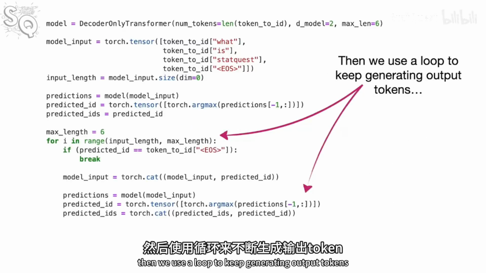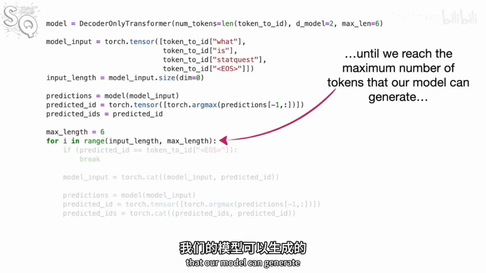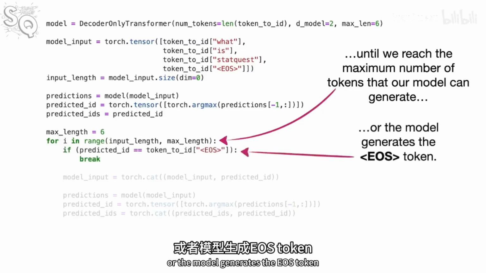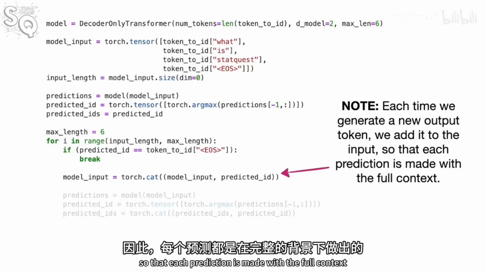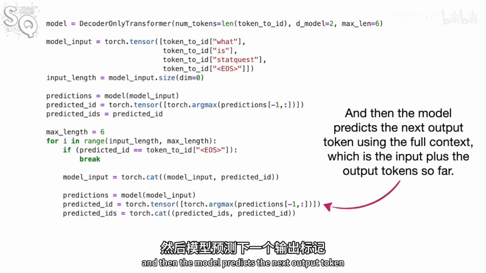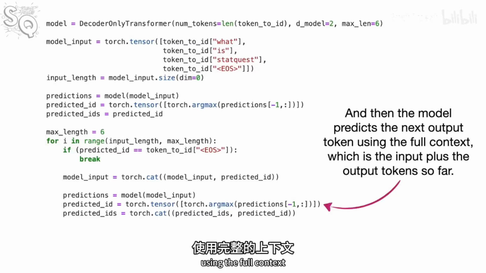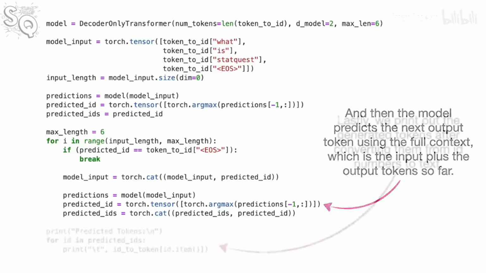Then we use a loop to keep generating output tokens until we reach the maximum number of tokens that our model can generate, or the model generates the EOS token. Note, each time we generate a new output token, we add it to the input so that each prediction is made with the full context. And then the model predicts the next output token using the full context, which is the input plus the output tokens so far.